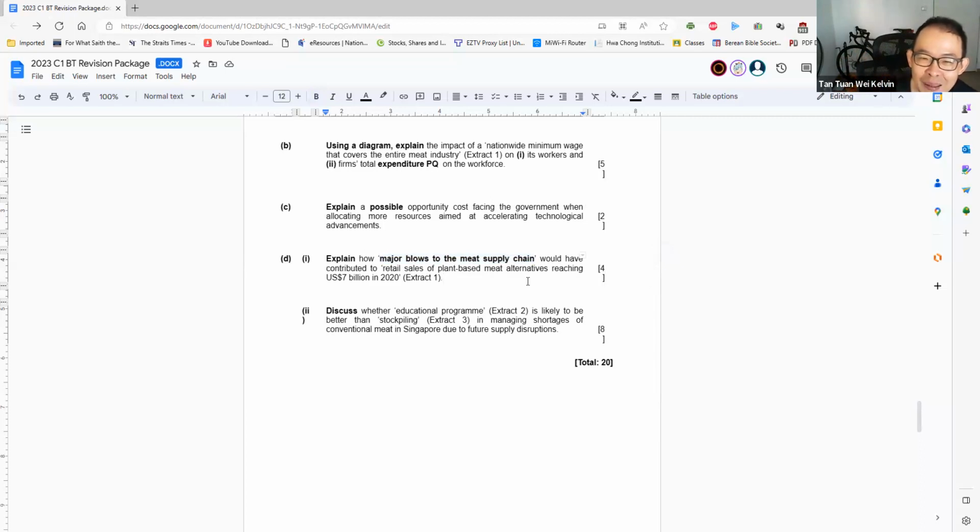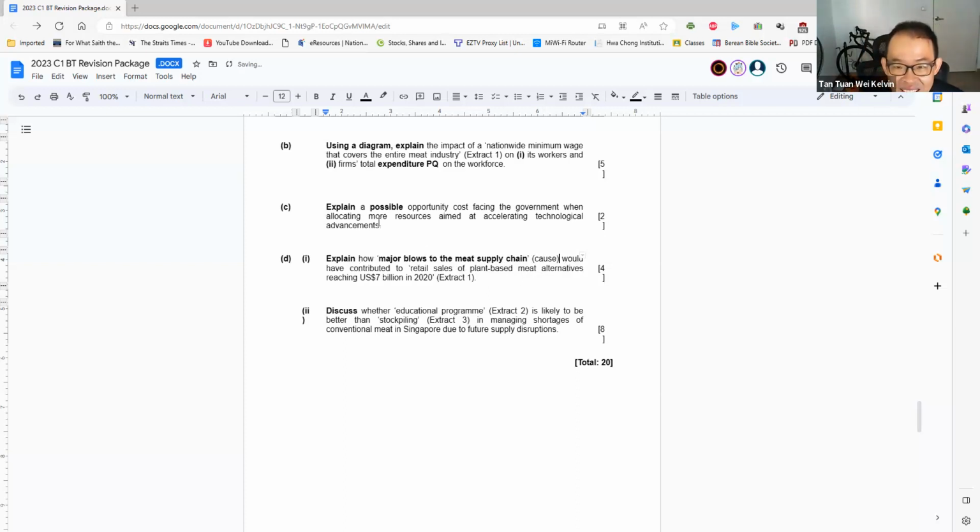If you are clear about what supply chain is, if there's anything bad, because the word blow means bad, major blow, it usually means supply is falling, because if the supply goes up, usually that will not be seen as a blow. But you can read the case study later to check. But this is the cause.